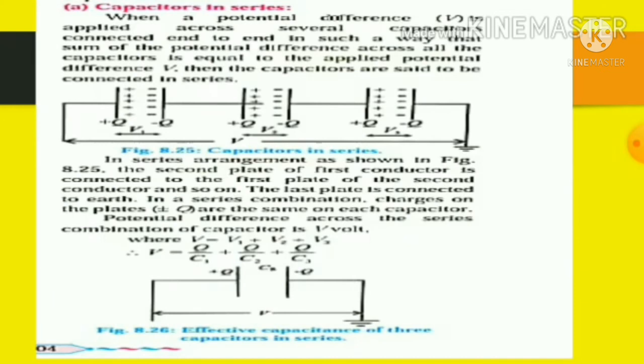In this figure, the first plate of the first capacitor, C1, is connected to the source of potential, and the second plate of the first capacitor is connected to the first plate of the second capacitor, and the second plate of the second capacitor is connected to the first plate of the third capacitor, and the second plate of the third capacitor is earthed or grounded.